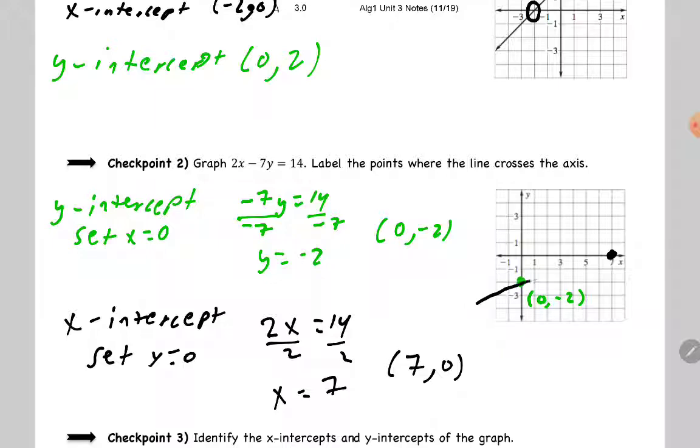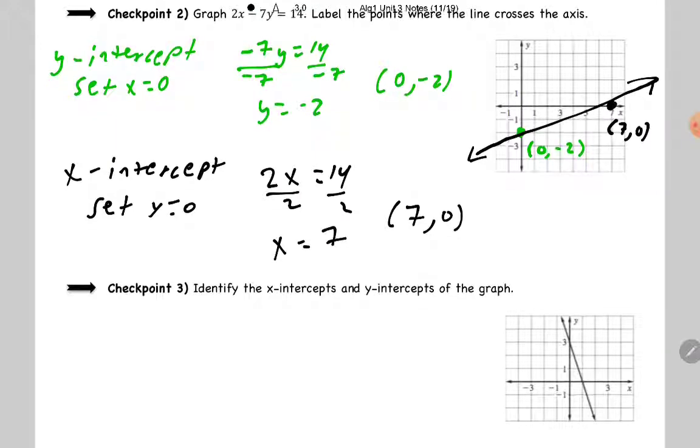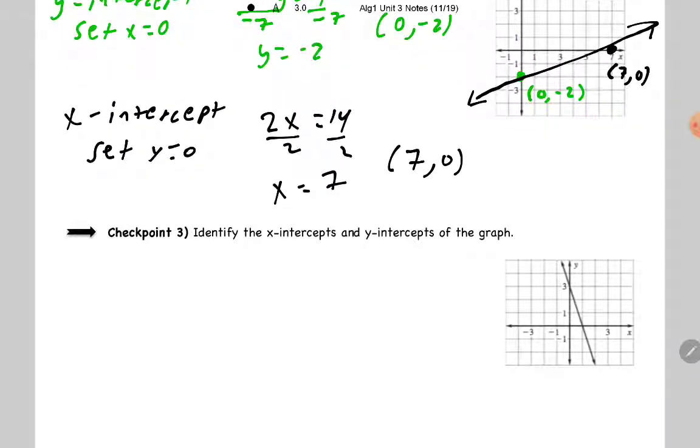Connect the dots. Don't forget your arrowhead. Don't forget to label. And that's it.